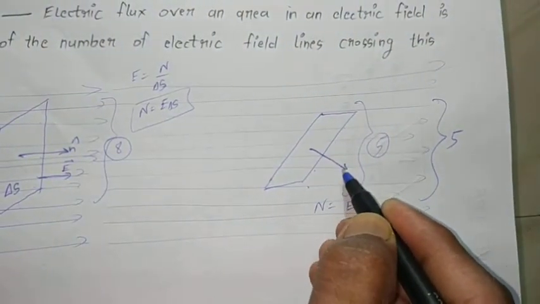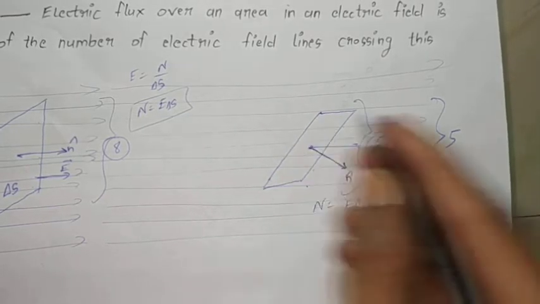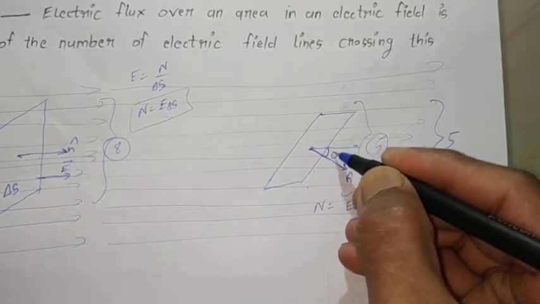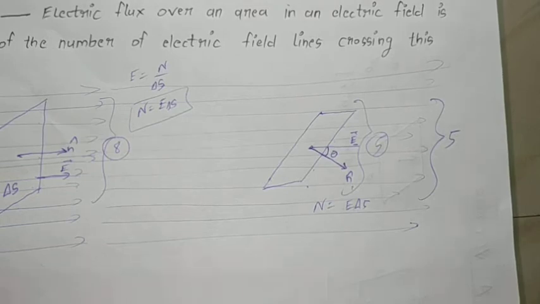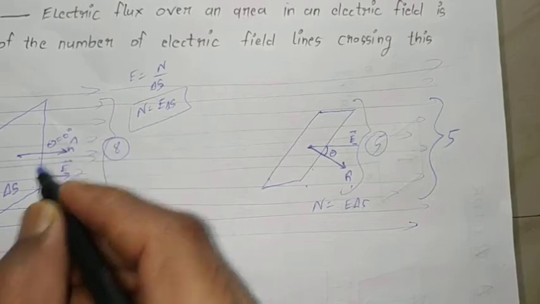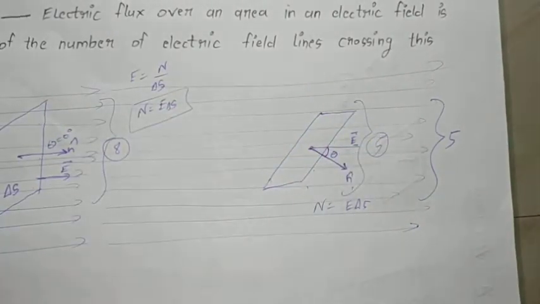So the area vector will be this n cap, but the electric field direction is the same, always this side. So there is some angle between E and the area vector n. Here this angle theta is 0 degrees, since both are parallel.